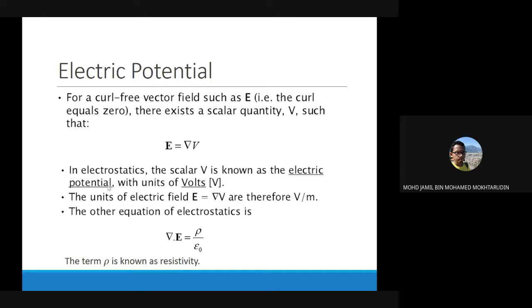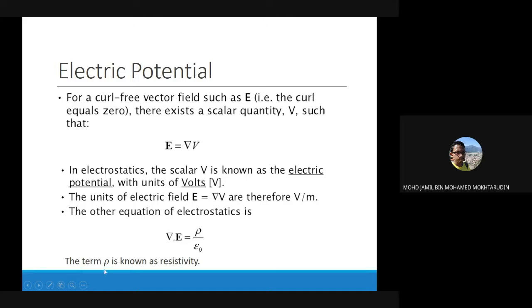The electric potential V is related to E by the divergence, or del of V. And then the other equation for electrostatics: del dot E, del dot the electric field, equals rho over epsilon naught.